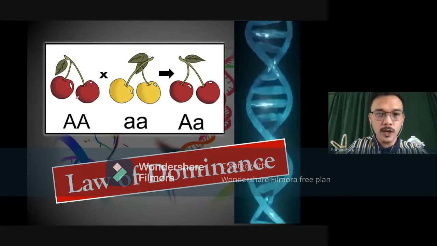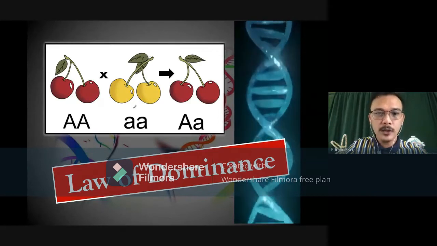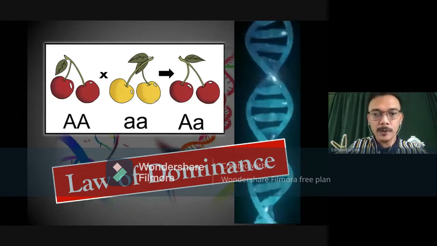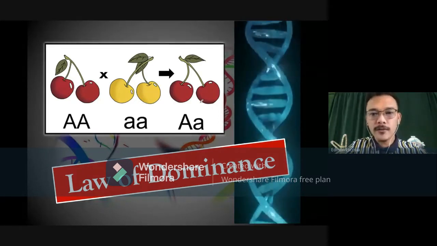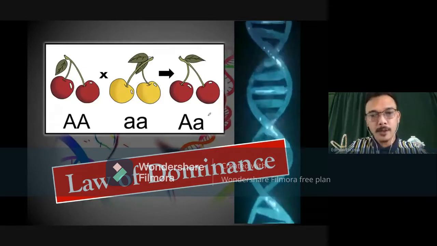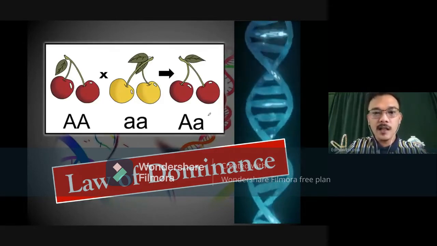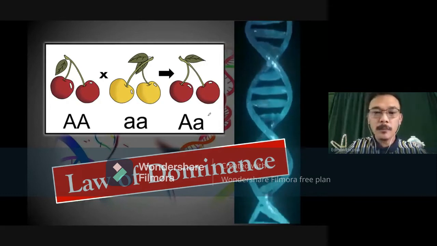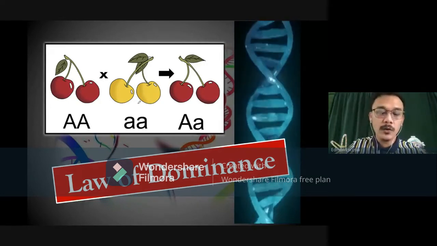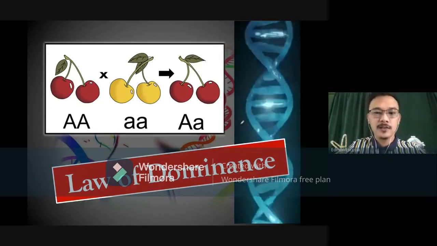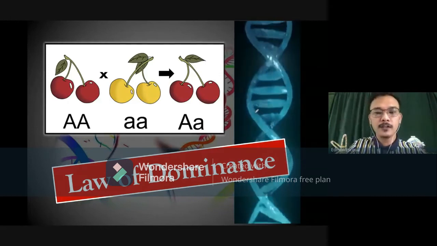If you're going to cross the homozygous red apple to a homozygous yellow apple, the resulting apple or the offspring is a red apple. Therefore, we can infer that red is the dominant trait and yellow is a recessive trait. So that is the law of dominance.